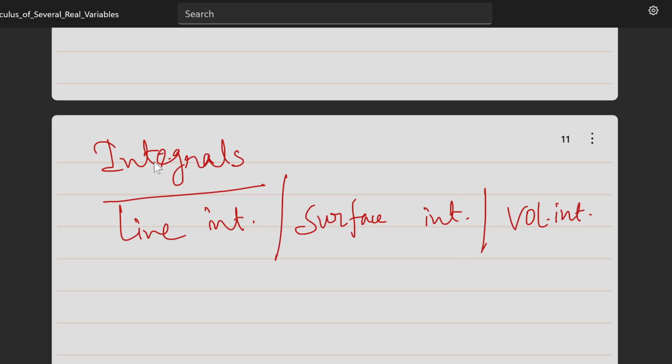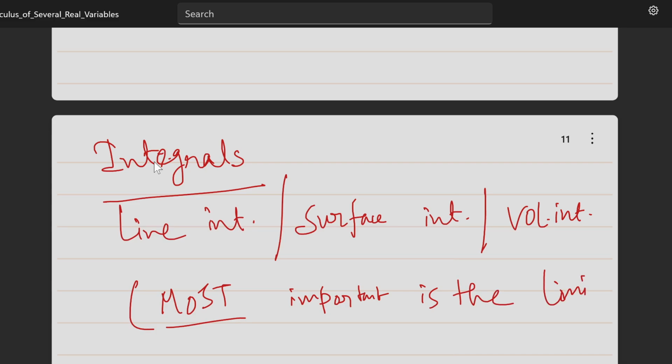So most important part of these integrals is what? Limit. Integral means the most important thing is the limit of your integrals.